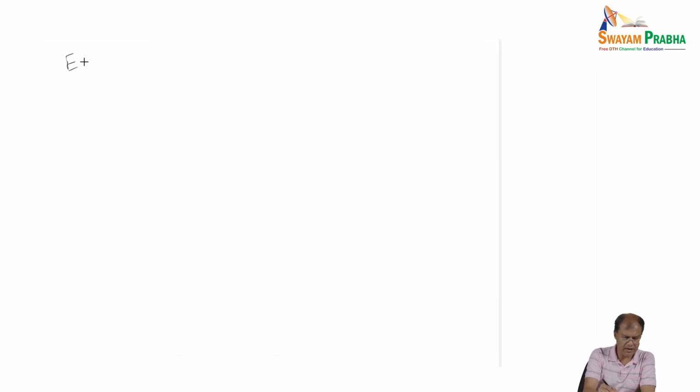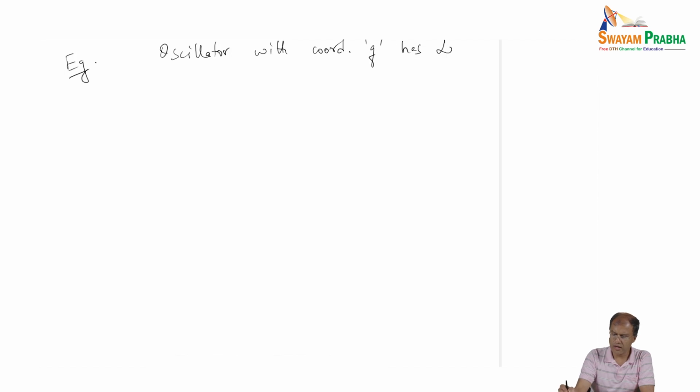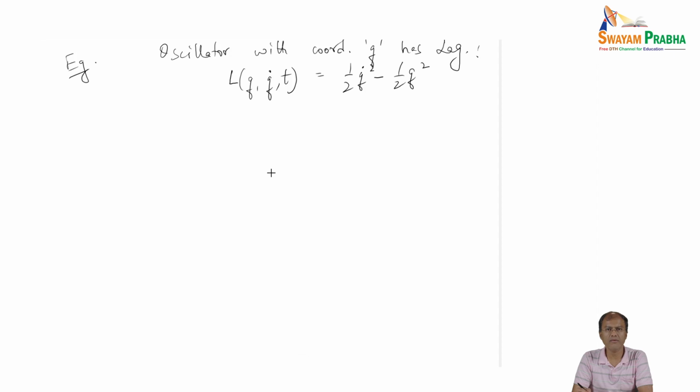So the example that I have is that of an oscillator. So the problem says certain oscillators with coordinate q has Lagrangian, which is given by L of q comma q dot comma t, which is half q dot square minus half q square. So that is my Lagrangian with q as the generalized coordinate. So one variable Lagrangian, right?